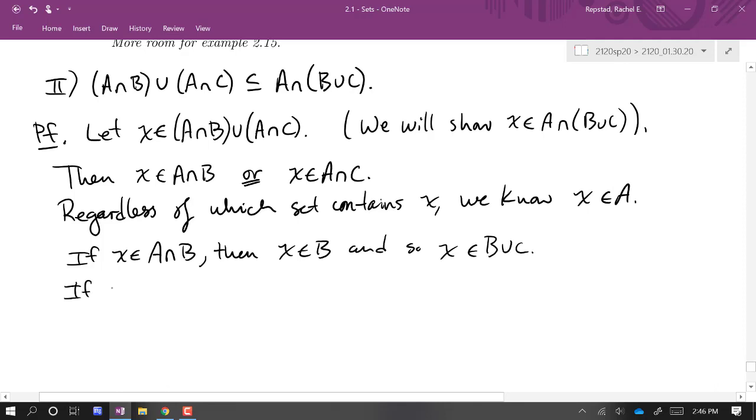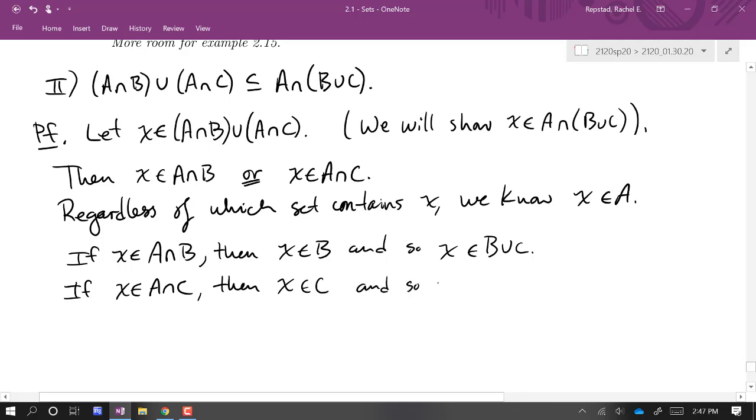What if X is in the other set? What if X is in A intersect C? That means X is a part of C, so X is an element of C. And what does that mean?